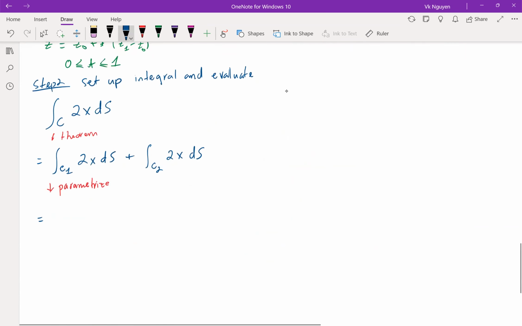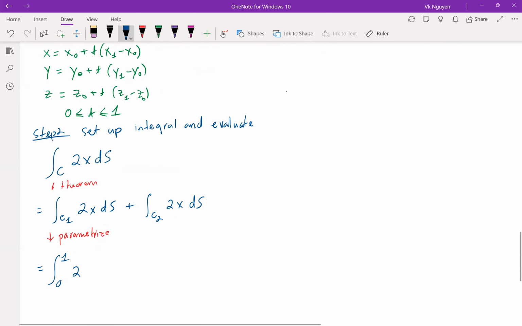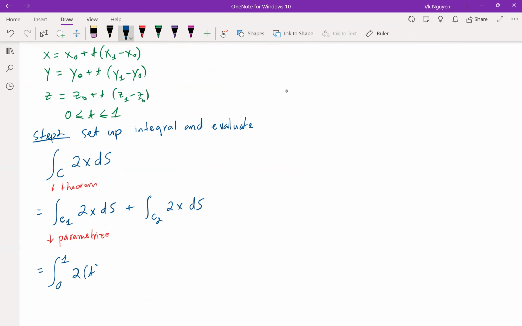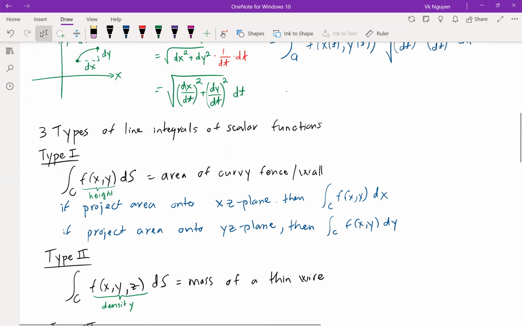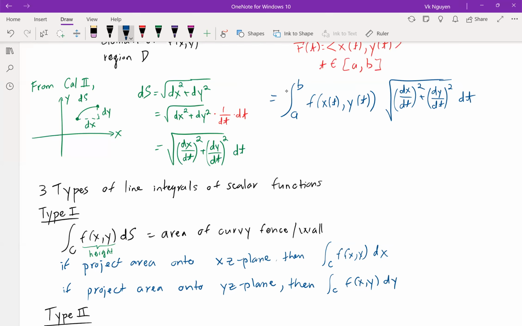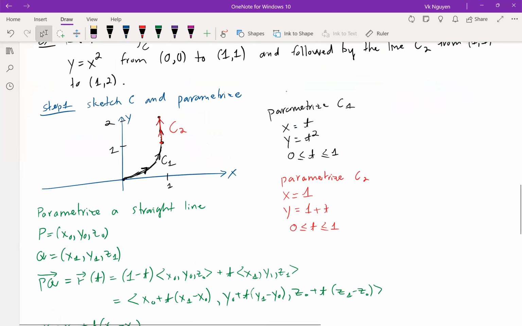And then 2x is 2t. For ds, if you remember, the square root of (dx/dt) squared plus (dy/dt) squared, that is ds right here. So I'm going to do the ds there, save myself some time.